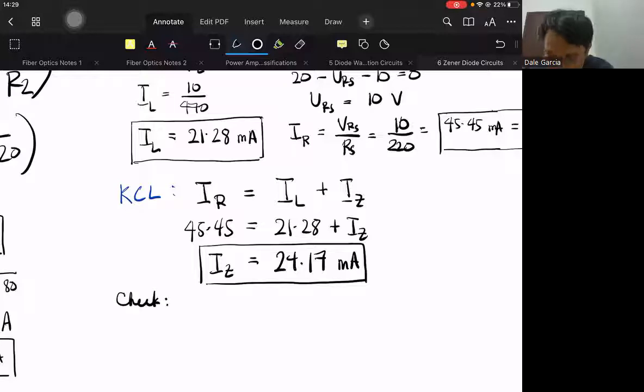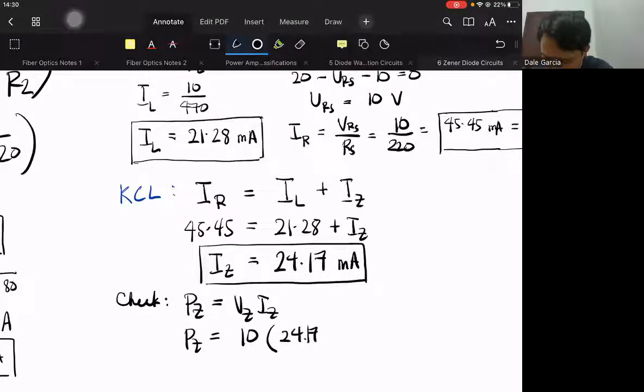Let's multiply VZ and IZ to get PZ. PZ is VZ times IZ. VZ is 10, IZ is 24.17 milliamperes.